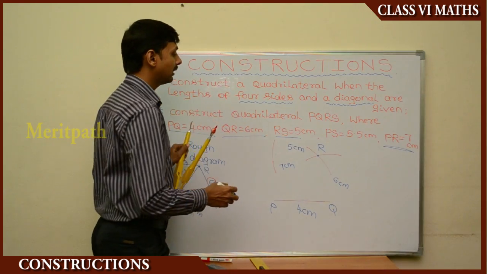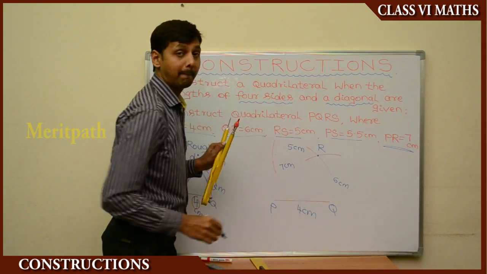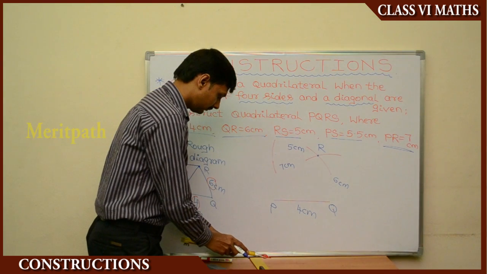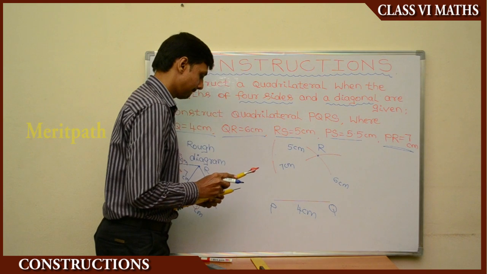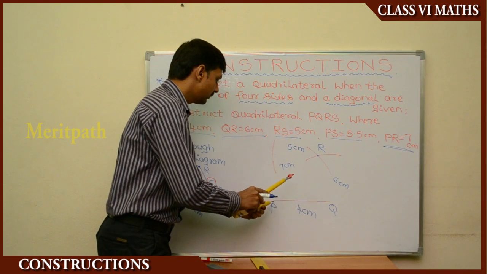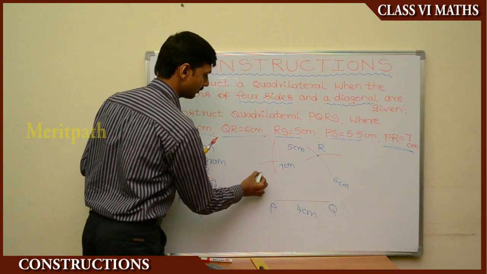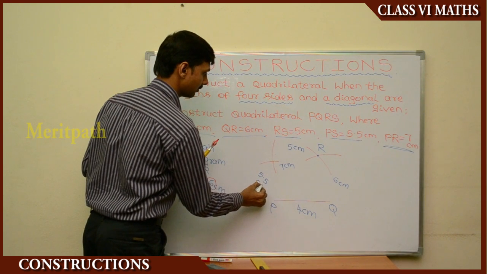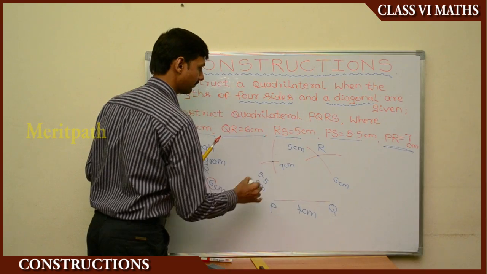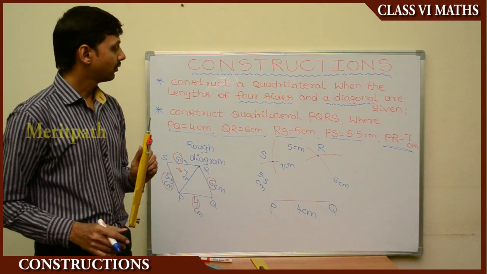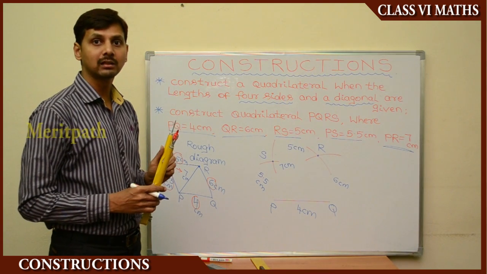Next, the last one is PS. Using P, let's construct 5.5 centimeters. This is S. So we got PQRS.